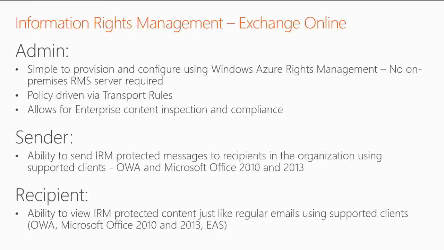And you can also use content inspection, just like OME, where you can say, hey, if it's hitting certain keywords, send me an incident report, or CC my manager. This person should not be sending out this particular mail to somebody. So these are some useful things that the admin can do.